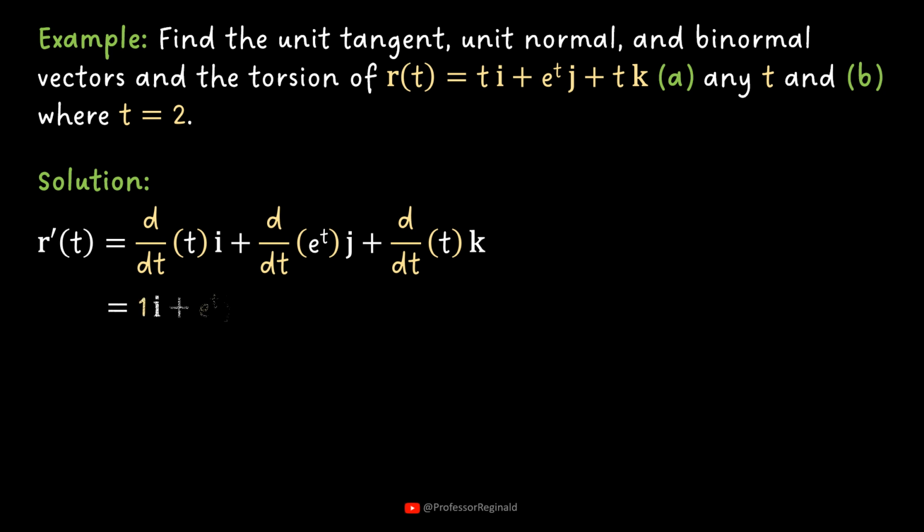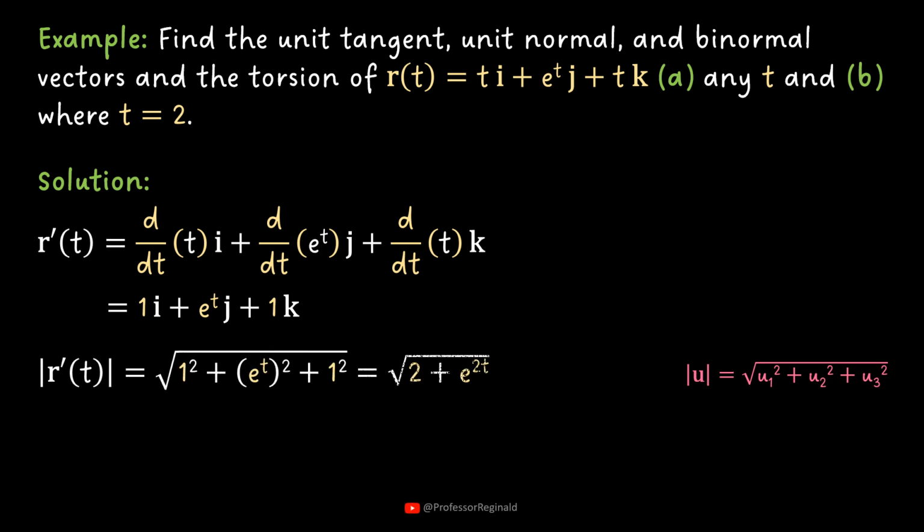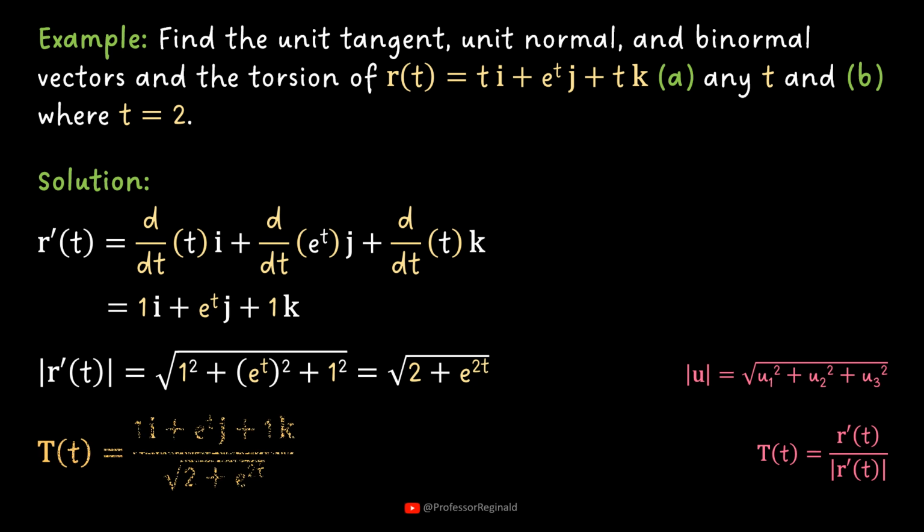Differentiate each component. Then find the length function of this vector using the formula for the norm of a vector. The unit tangent vector is the quotient of the tangent vector and its norm. Therefore, this is the unit tangent vector to the space curve at any value of the general parameter t.